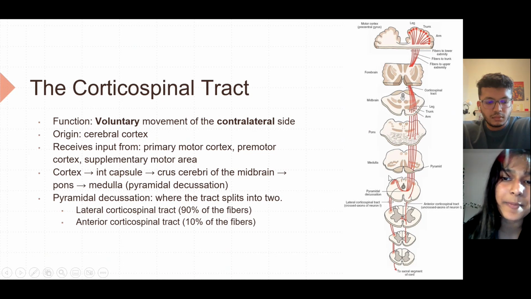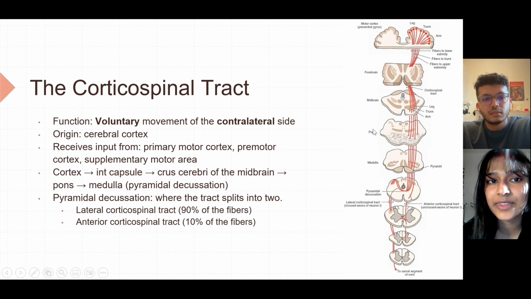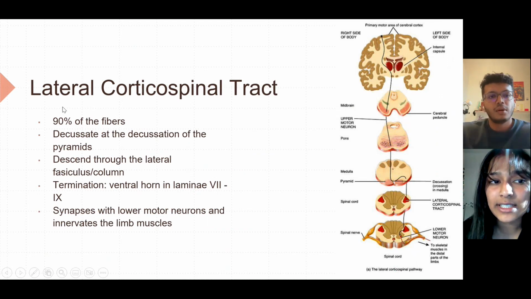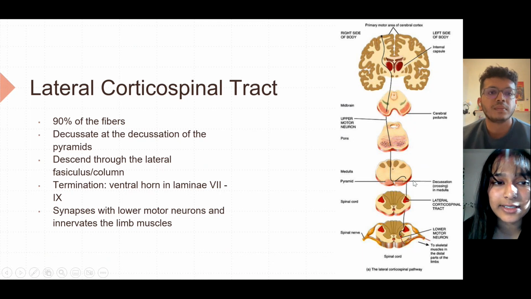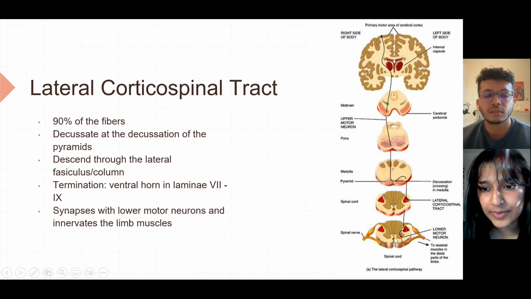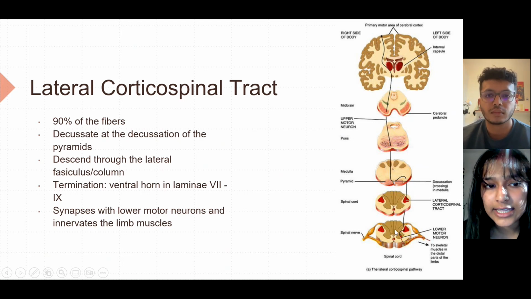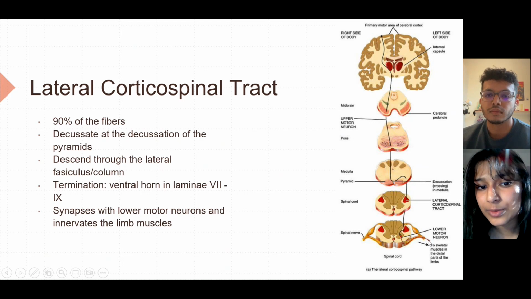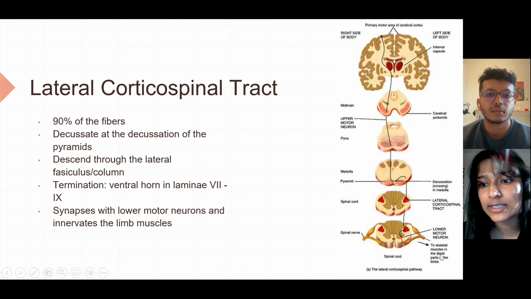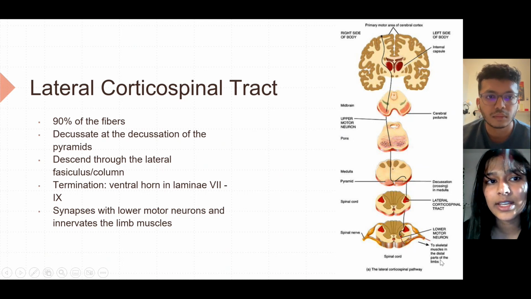So that's what makes up the two different tracts. The lateral one, like I mentioned, is 90%. It decussates at the pyramidal decussation, goes down, terminates in the ventral horn, and then synapses with the lower motor neurons, and it innervates the limb muscles, specifically the distal parts of the limbs.